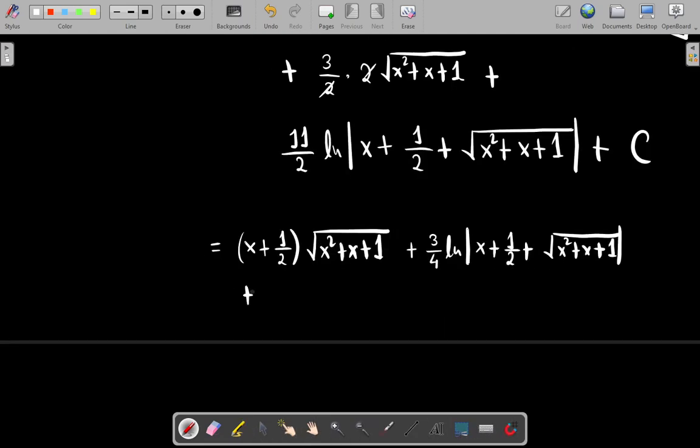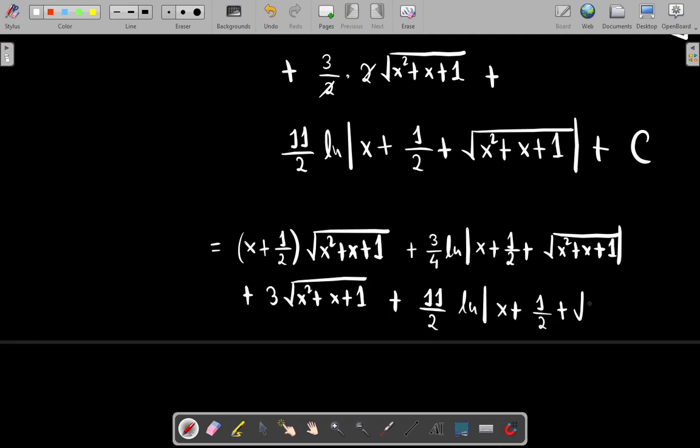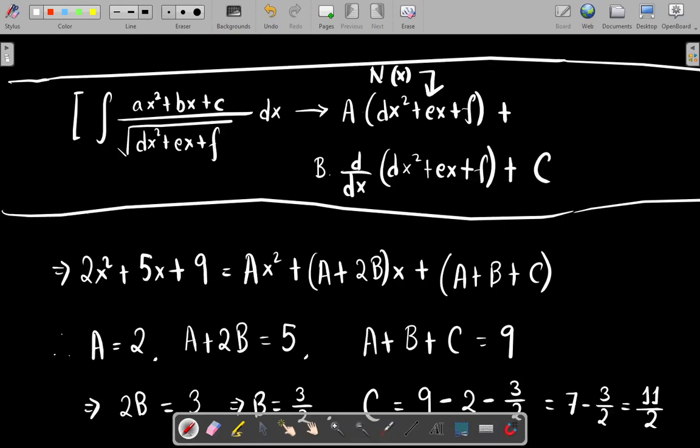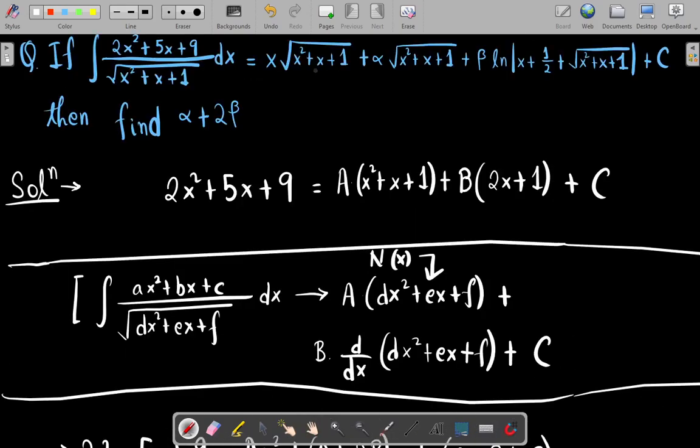Then we are left with this I2, right? So this is 3 times square root of x square plus x plus 1 plus 11 by 2 times ln mod of x plus half plus square root of x square plus x plus 1, right? Plus c. Now let us separate these x terms and these other terms.